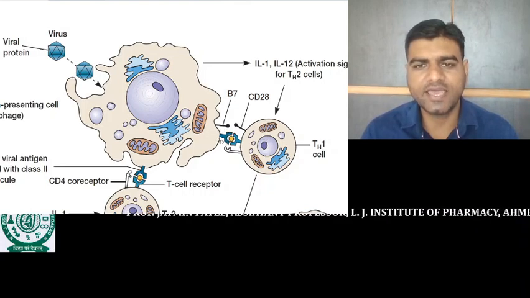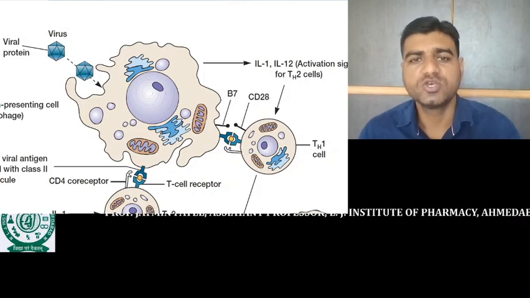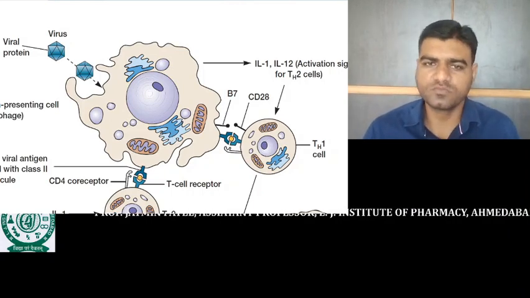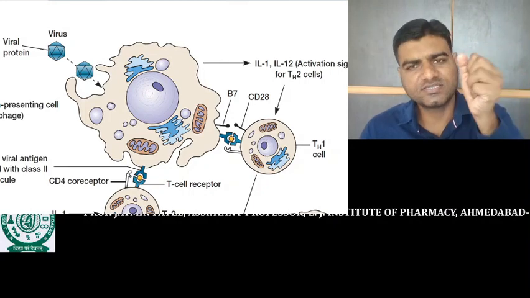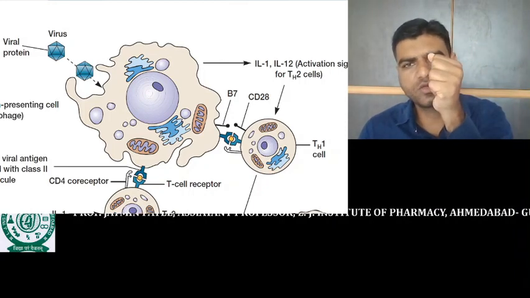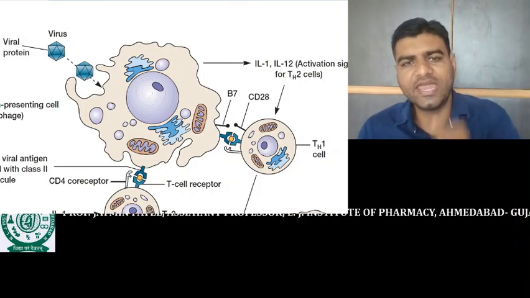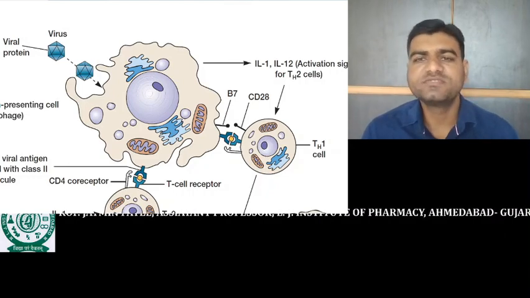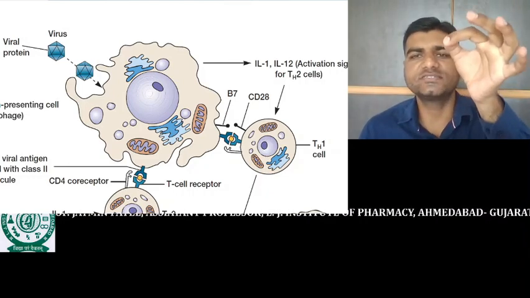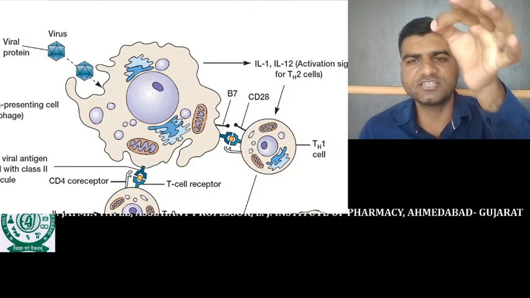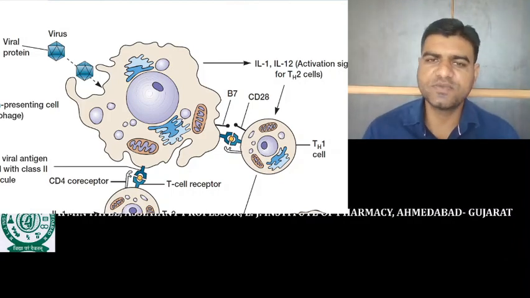So this MHC class 2 will collect the peptide of the virus, and it will anchor that virus protein, otherwise the virus peptide, on the surface of this APC cell.